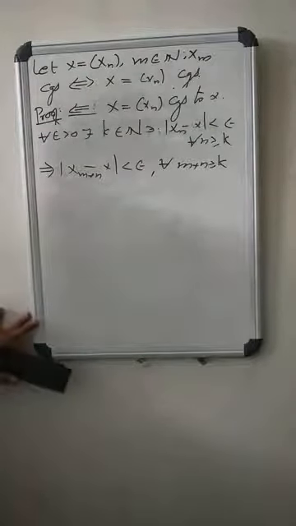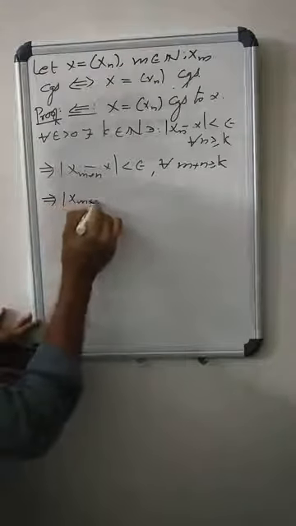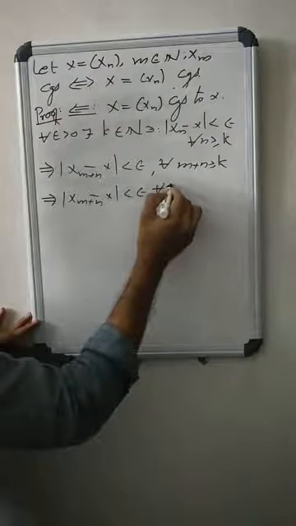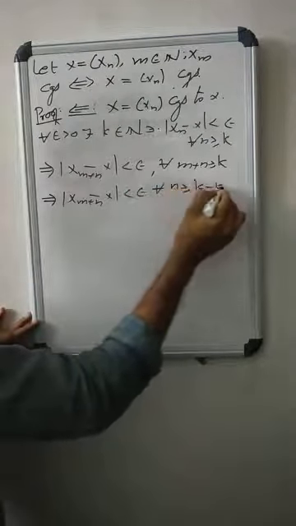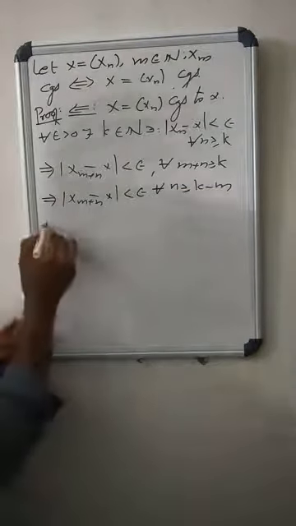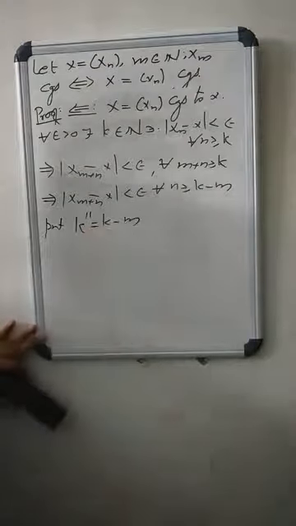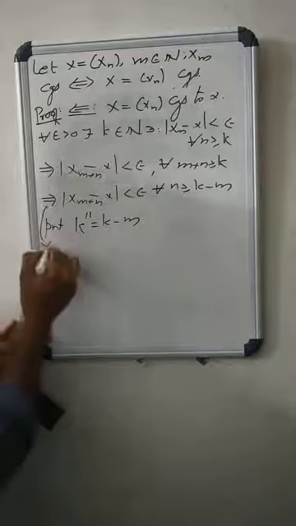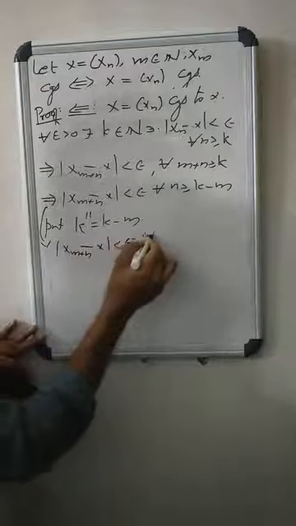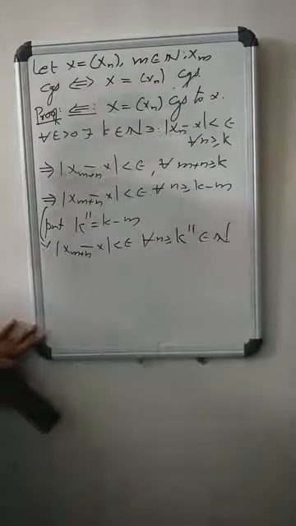That means modulus of x_{m+n} minus x is strictly less than epsilon for all n greater than or equals k minus m. Put k2 dash equals k minus m. So this becomes modulus of x_{m+n} minus x strictly less than epsilon for all n greater than or equals k2 dash, where k2 dash is a natural number.